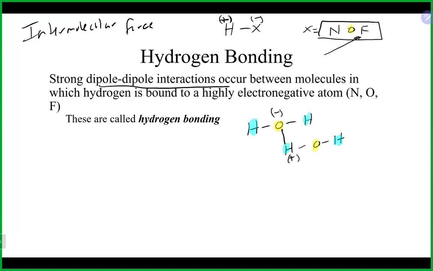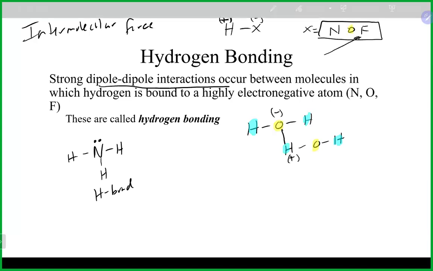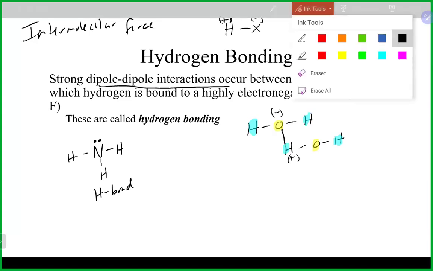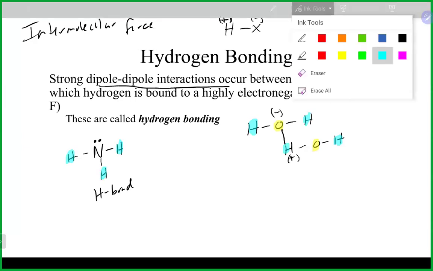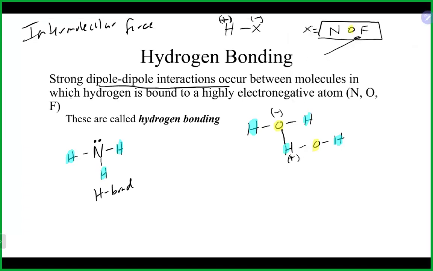That's also why, for example, if we took something like ammonia, which is NH3, it also can hydrogen bond, and it has the ability to hydrogen bond because, again, when we look at the hydrogens here, they are directly attached to a nitrogen, right? So these guys could definitely hydrogen bond.